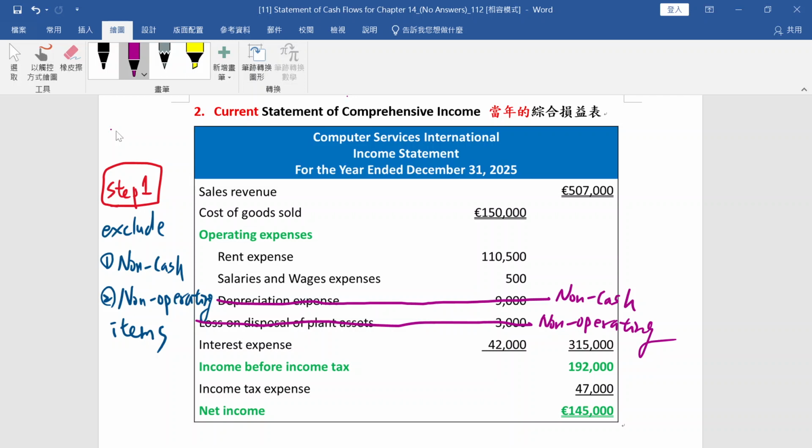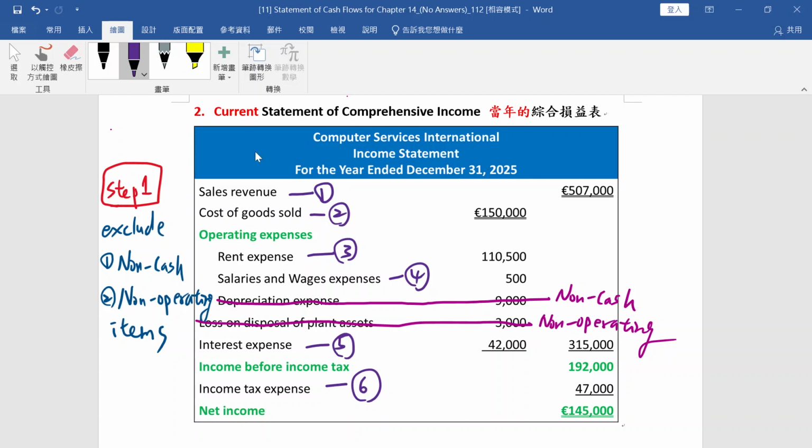We have sales revenue, we have cost of goods sold, we have rent expense, we have salaries and wages expense, we have interest expense, we have income tax expense. So for these 6 items, we try to figure out their cash flows.